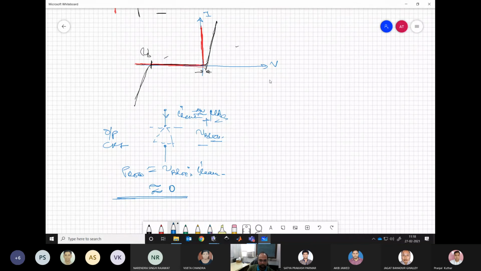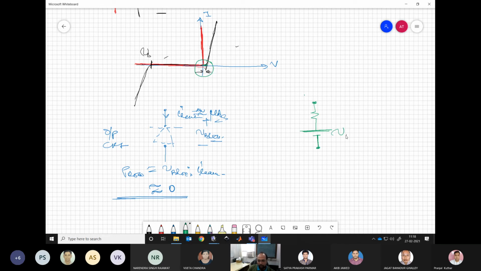Now during the conduction, as I said, there is a certain drop. If you observe in the characteristic, it starts a little late and then it has a slope. This indicates that there are two elements when it is conducting. One is a resistance, which gives the slope, the IR kind of characteristic, and the other is a forward voltage drop, which is this small component seen on the x-axis.